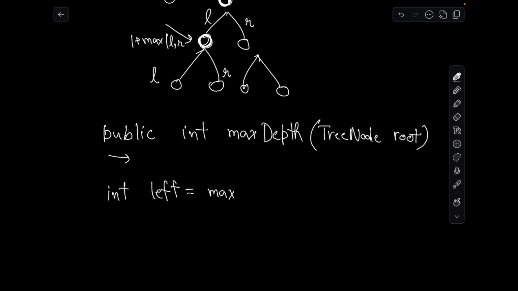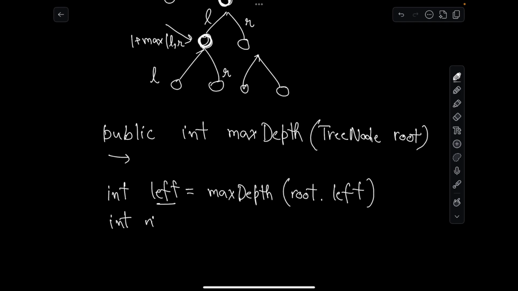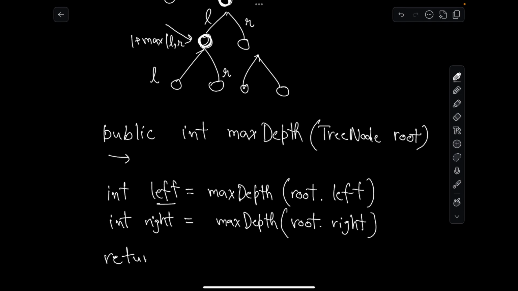So the max depth for the root's left subtree, you know its answer, it's left. Similarly, you can assume that somehow you know the answer for the maximum depth for your right subtree. We know that the answer for the current tree where the root node is root would be 1 plus max of left comma right, provided this left and right are the right answers.